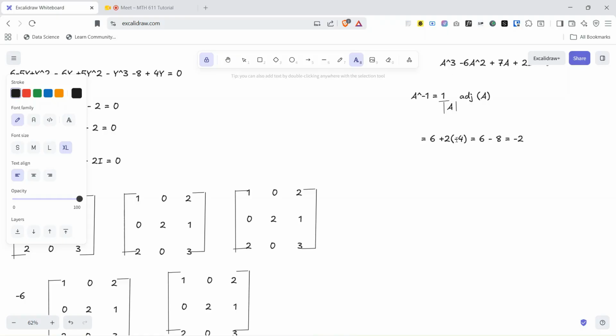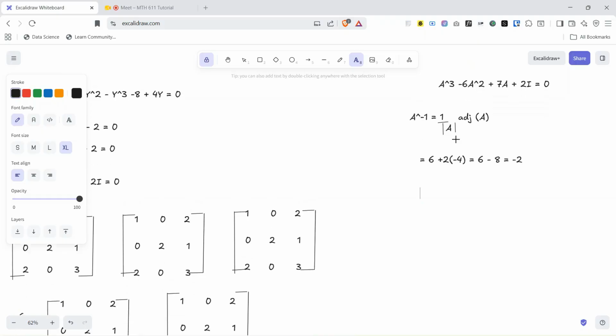So now we are going to plug in. So we have 1 over, sorry, trying to see how this works. Okay.